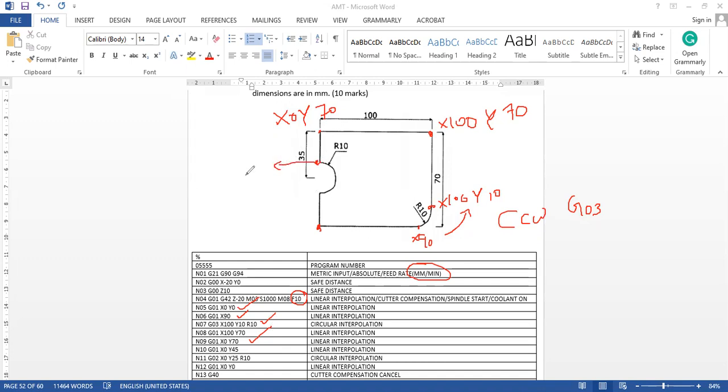From this point to the center is 35, and this radius is 10. That means 35 minus 10, that is 25. So X25. This point to center is 35, so 35 plus 10 is 45.